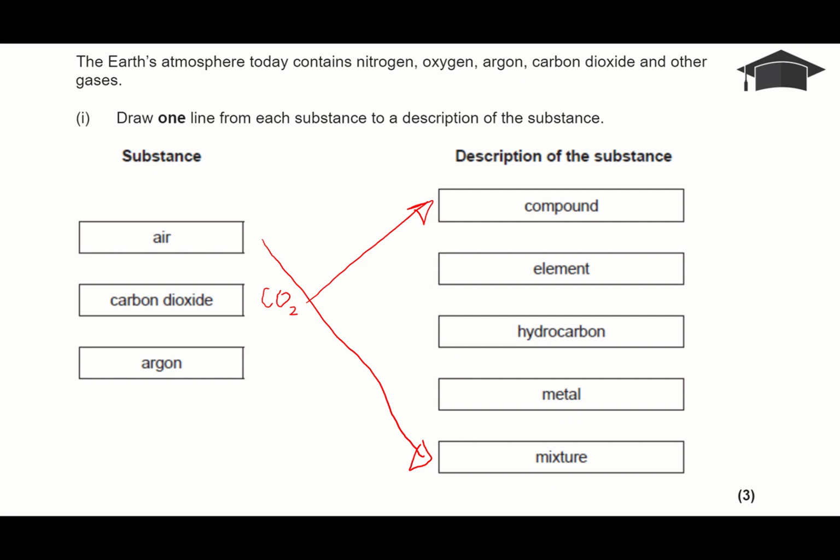And argon, again, it's in the periodic table, so that automatically suggests it is an element.